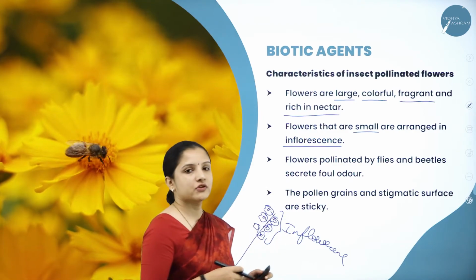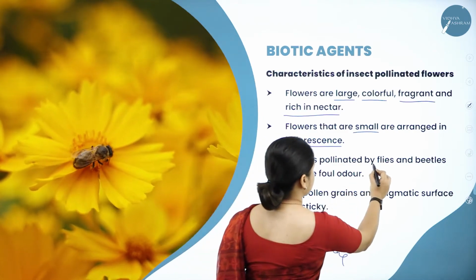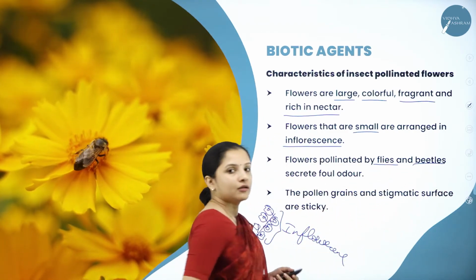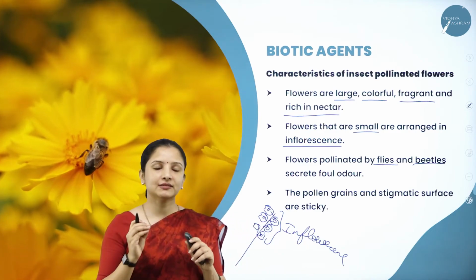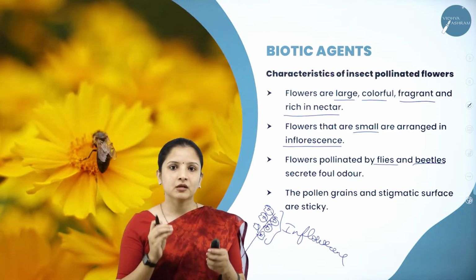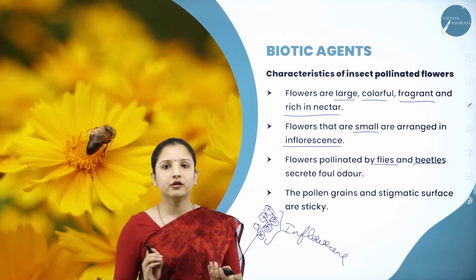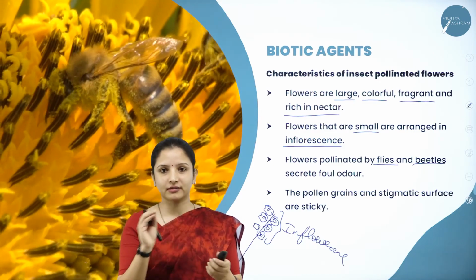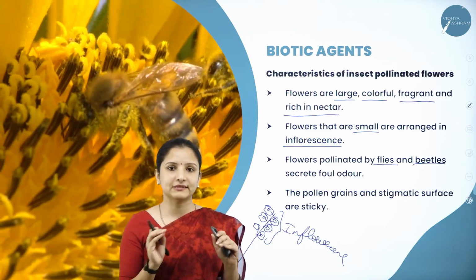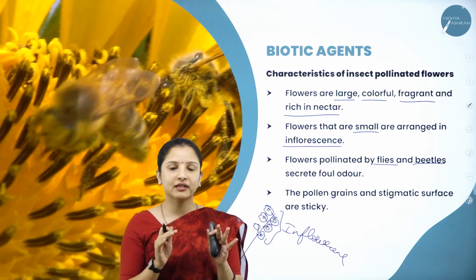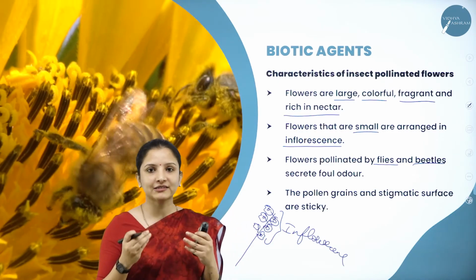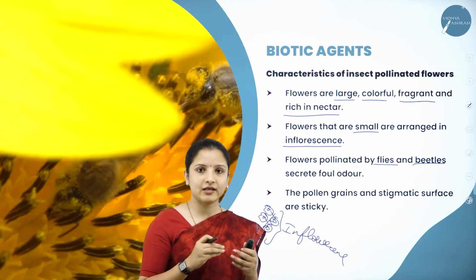And flowers which are pollinated by flies and beetles, if you see flies, the best example is the house fly. Do they come and sit on your perfume bottles or somewhere else? No, they don't like pleasant smell. Wherever there is a foul odor or a bad smell, they visit such areas, right?